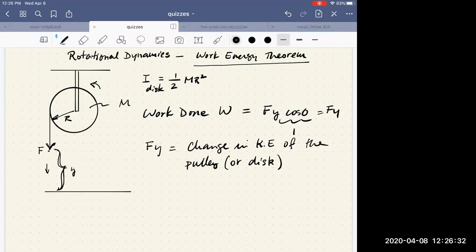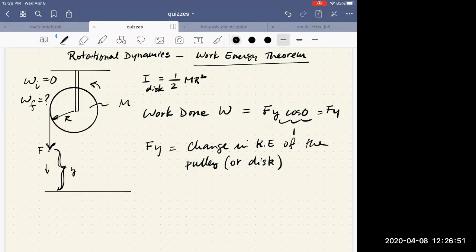So initially, before this force was being applied, let's say the omega I was 0, it was not turning. And then there was a final omega F. And the question we can ask is, what is this final omega F?